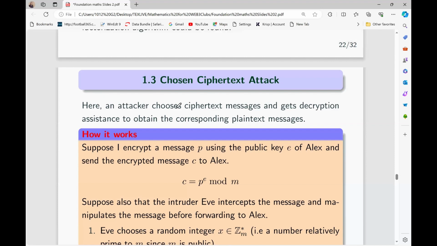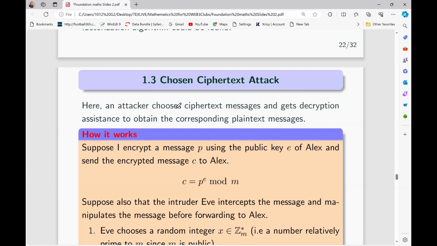The intruder in the middle gets this ciphertext and multiplies it by a certain number. I was sending the ciphertext to Alex. It has not reached Alex. The intruder has gotten it and changes this message, and then sends it to Alex.